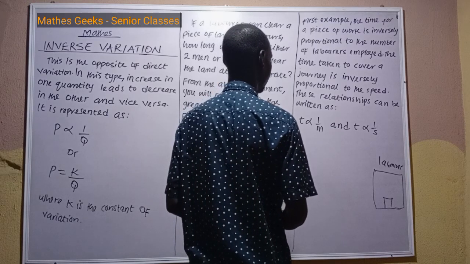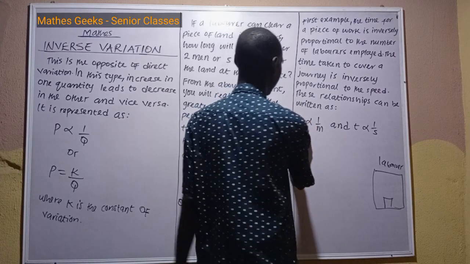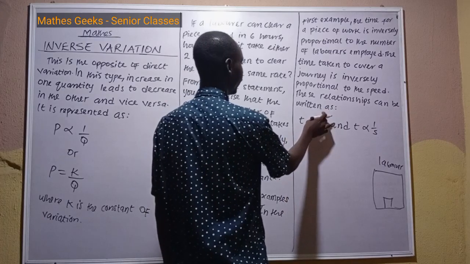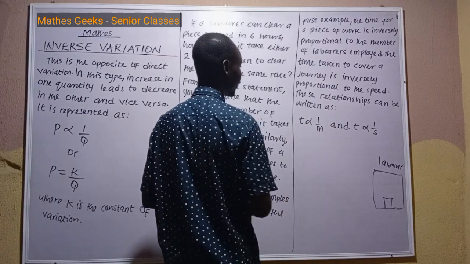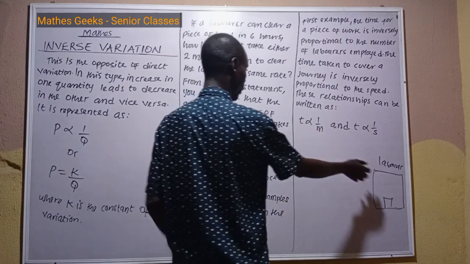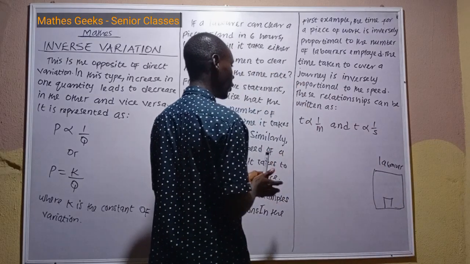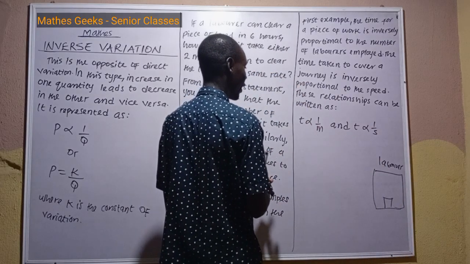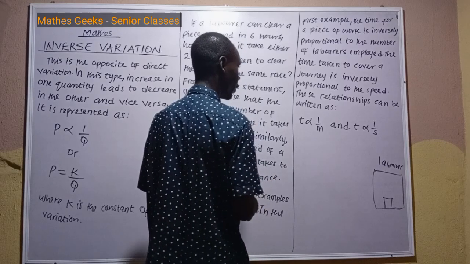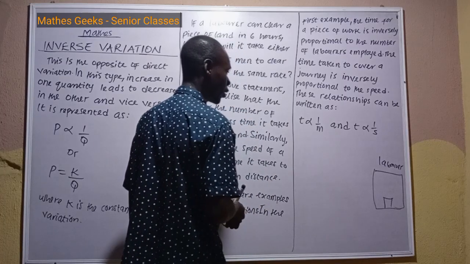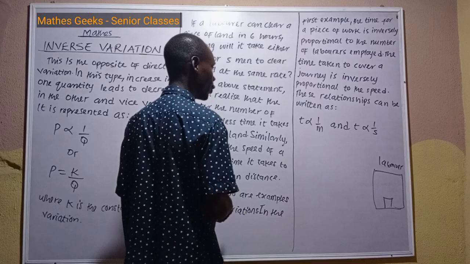These relationships can be written as T varies inversely as M, where the time taken to complete a piece of work varies inversely as the number of laborers who are hired to do the work.